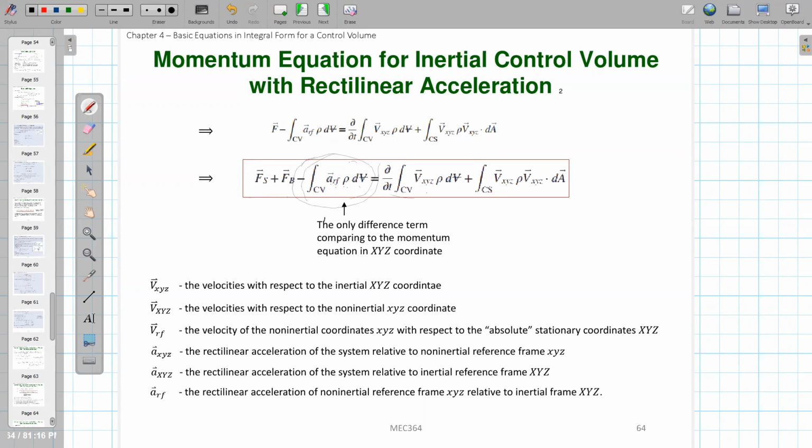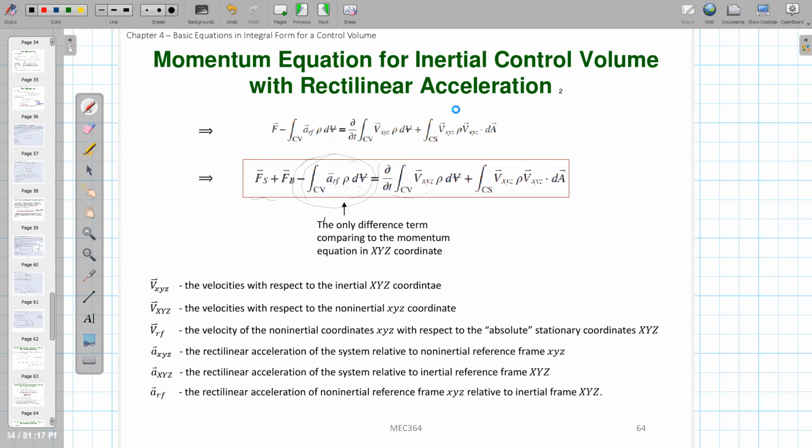All right, so this is the equation you have for the control volume in a non-inertial frame, where this reference framework is moving with a constant rectilinear acceleration.